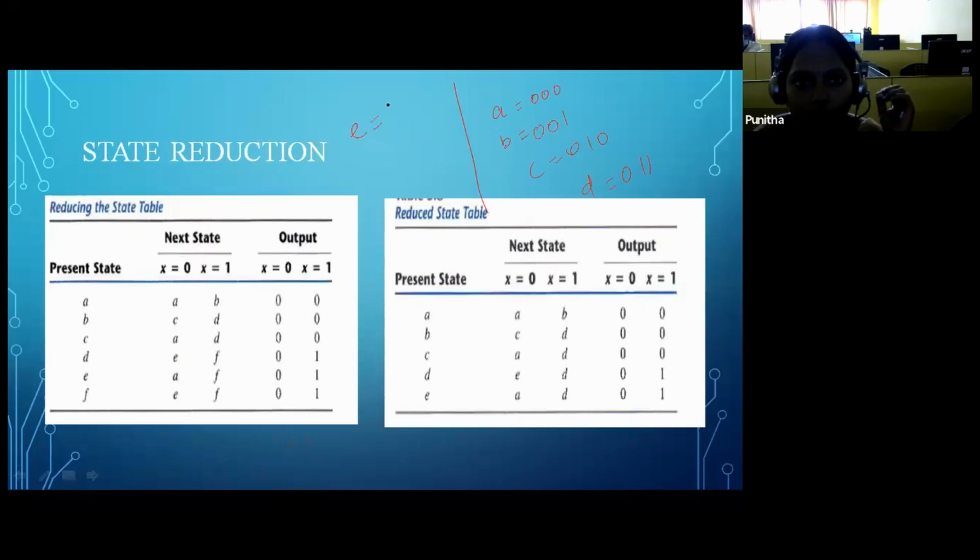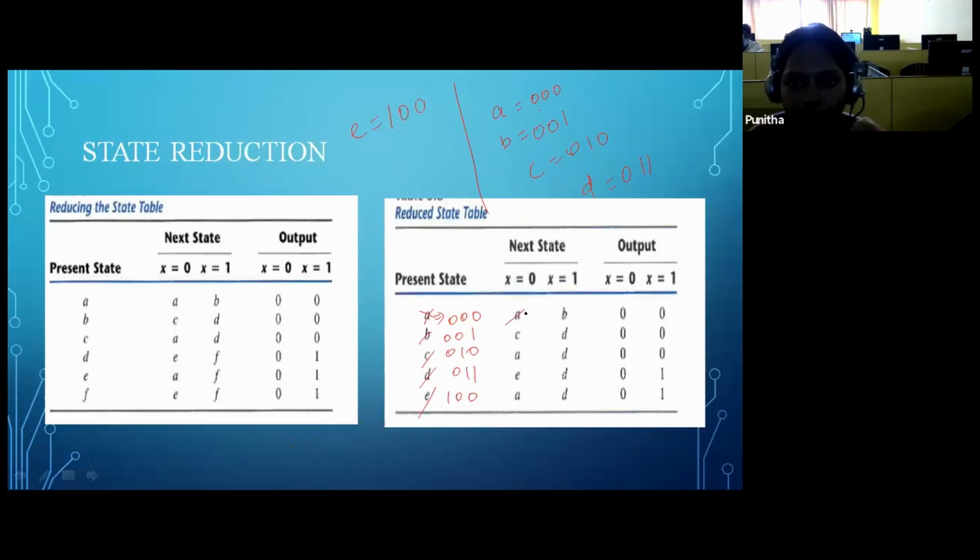Look here: wherever I locate A, I need to replace it with 000. B means I should replace it with 001. C means I need to assign 010. D means 011. E means 100.